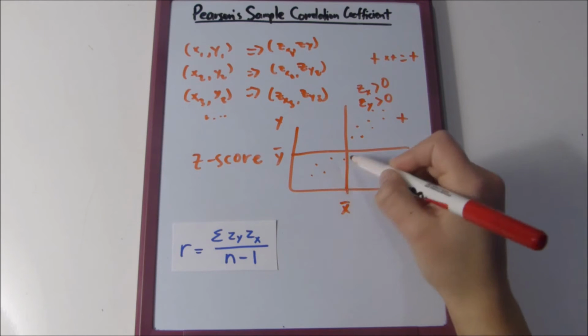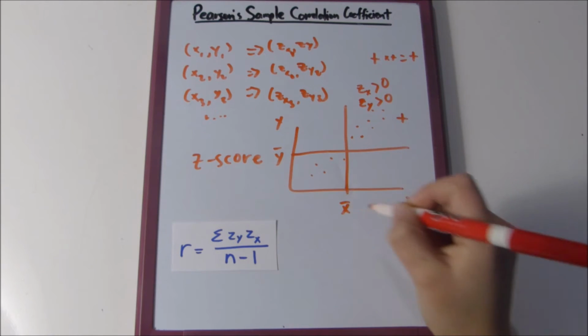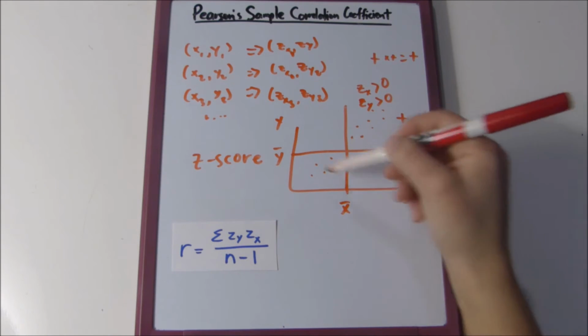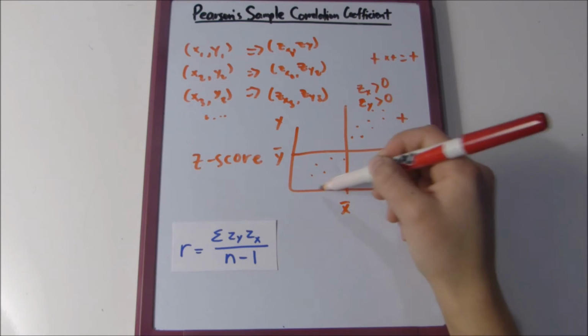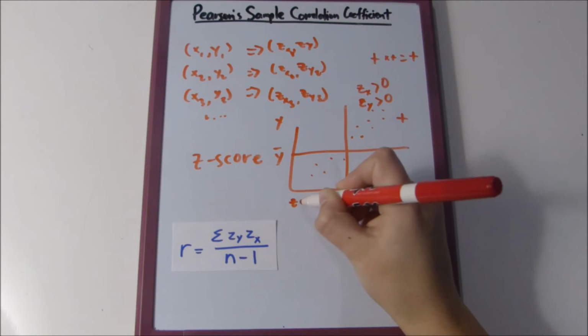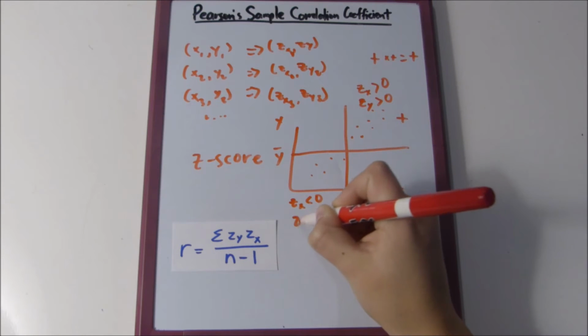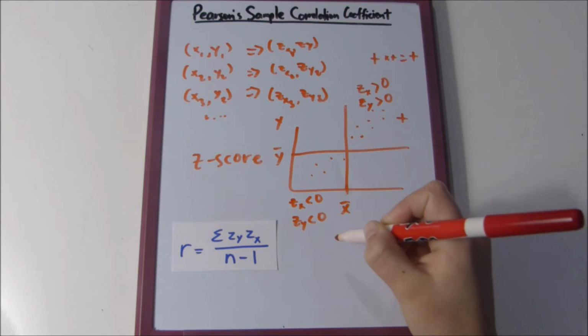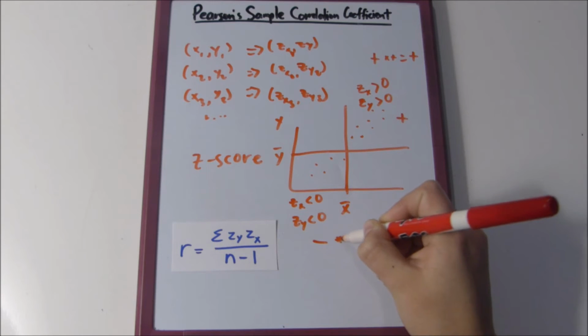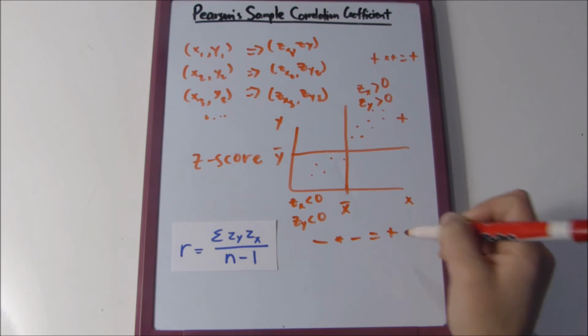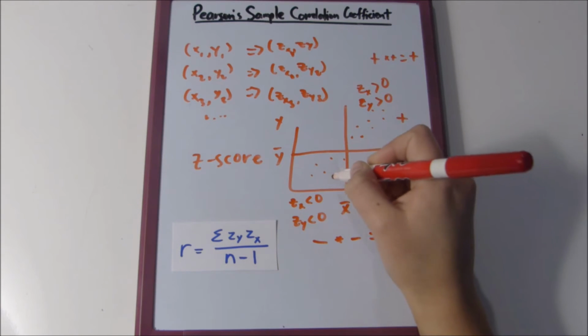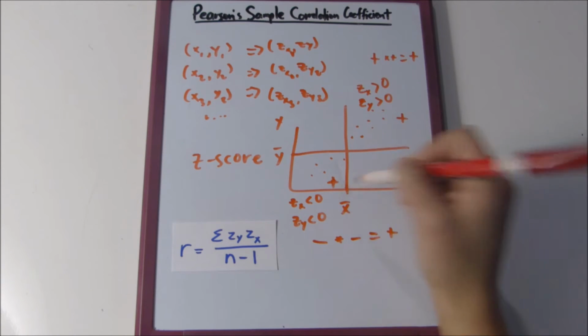And then if you take these points down here, you're going to notice that they're below the mean for y and below the mean for x. So our z-score for x is less than 0, and our z-score for y is also less than 0. But then when you multiply a negative times a negative, you get a positive. So all of these points add up to a positive value too, right?